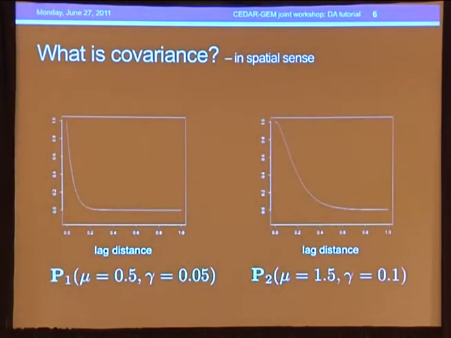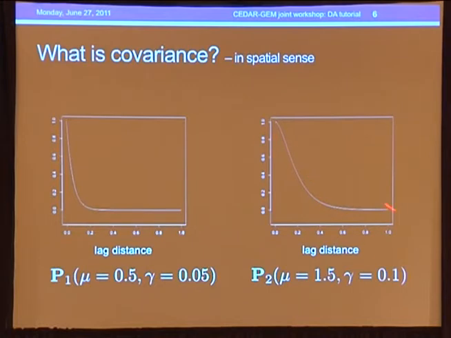Okay, and I'm going to explain a different way of seeing what covariance is doing, in a spatial sense. Let's say there are two different types of correlation function; it might be easier to see. This x-axis is lag distance. On the left, the correlation falls off quite rapidly as two points get away from each other.